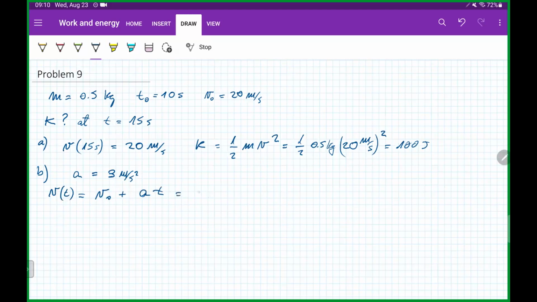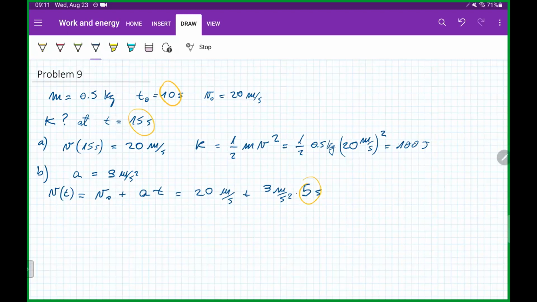So we have 20 meters per second plus 3 meters per second squared times 5 seconds, right? Why 5 seconds? Because my initial time is 10 and my final time is 15, right? So actually the movement is taking place in 5 seconds.